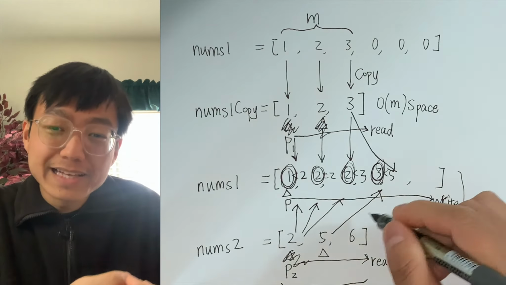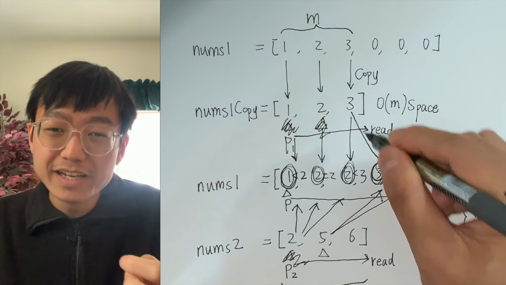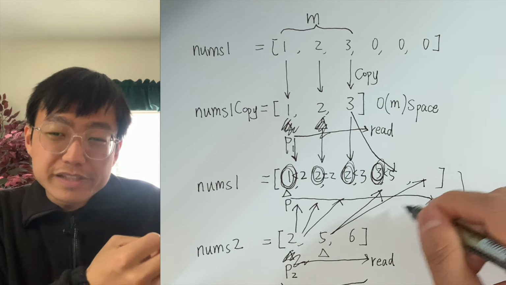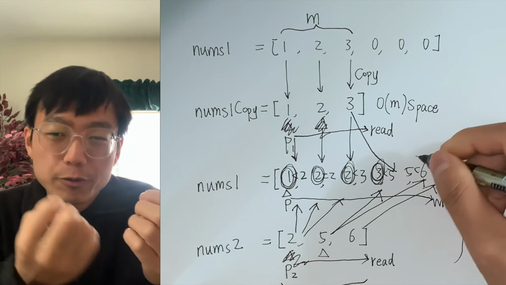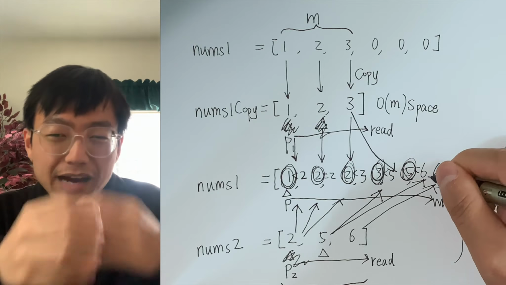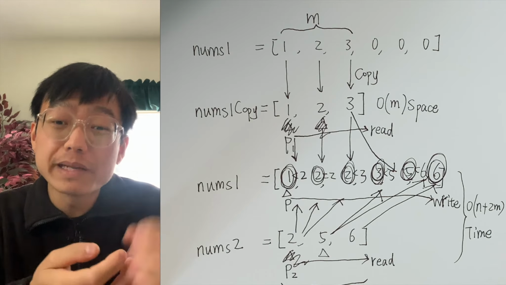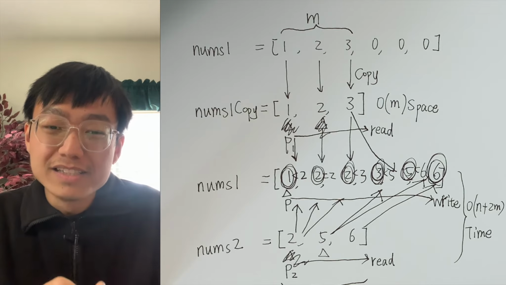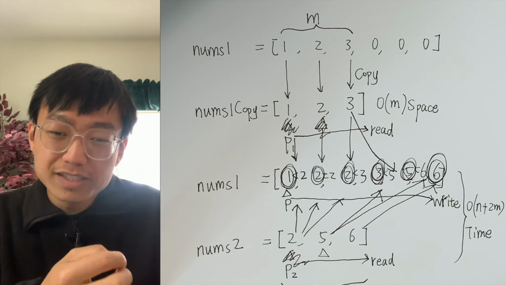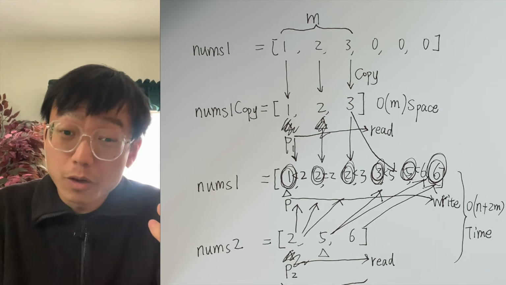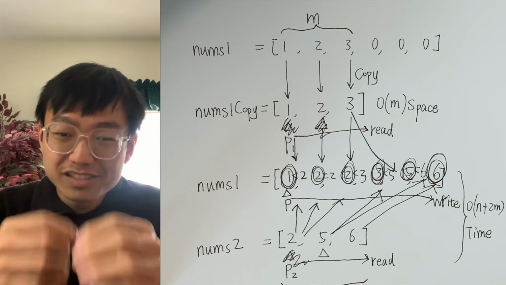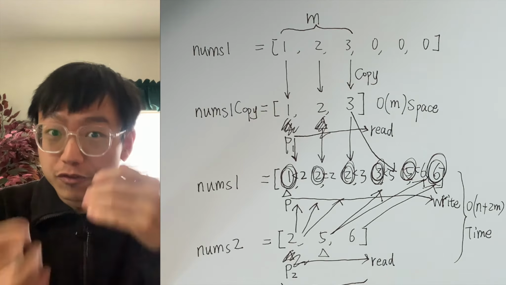We take it and write it into nums1 at p, and increment p2 by 1. After comparing in these if statements, we increment p by 1, so the write pointer also moves on, and this forms a loop.